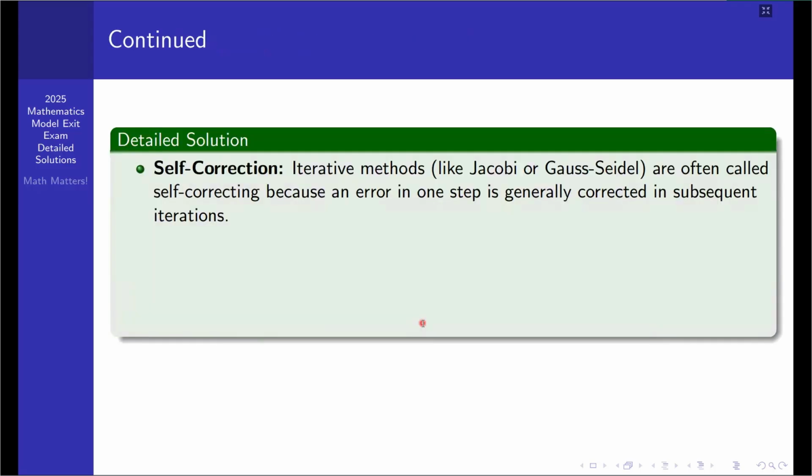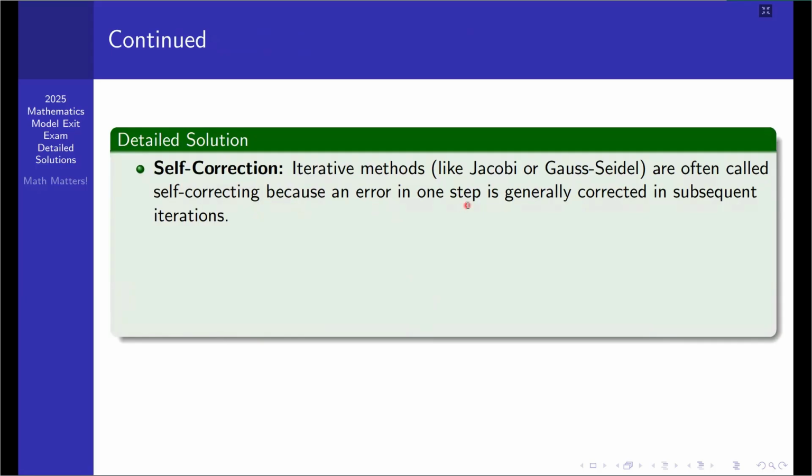We know that iterative methods like the Jacobi or Gauss-Seidel method, which are applicable for solving systems of linear equations, are often called self-correcting methods because the new expected solution will be a better approximate value than the previous one, so it corrects itself.